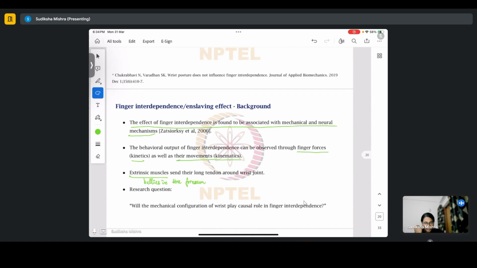So, the main question that this second paper is asking is, will the mechanical configuration of the wrist play a causal role in finger interdependence?